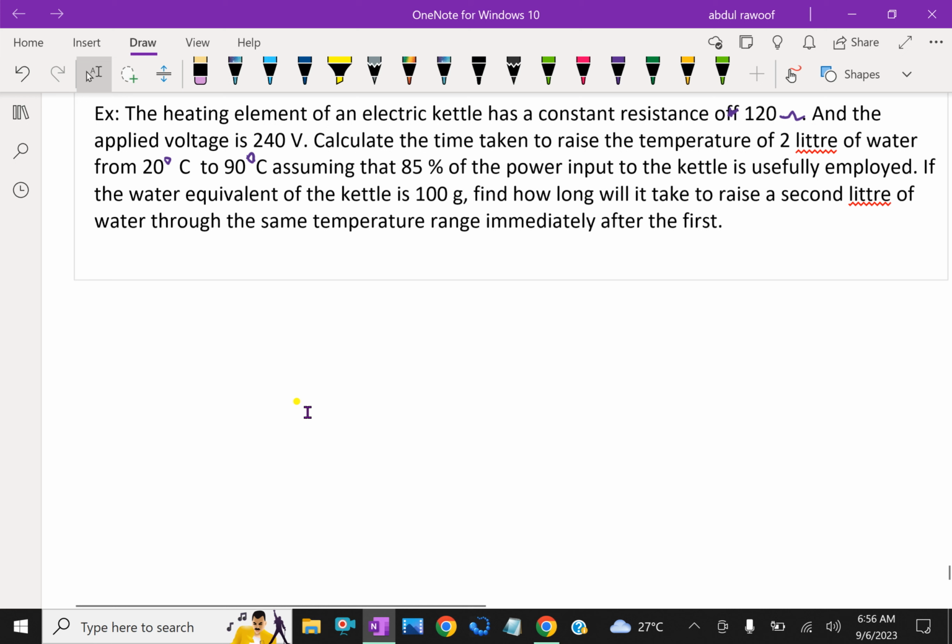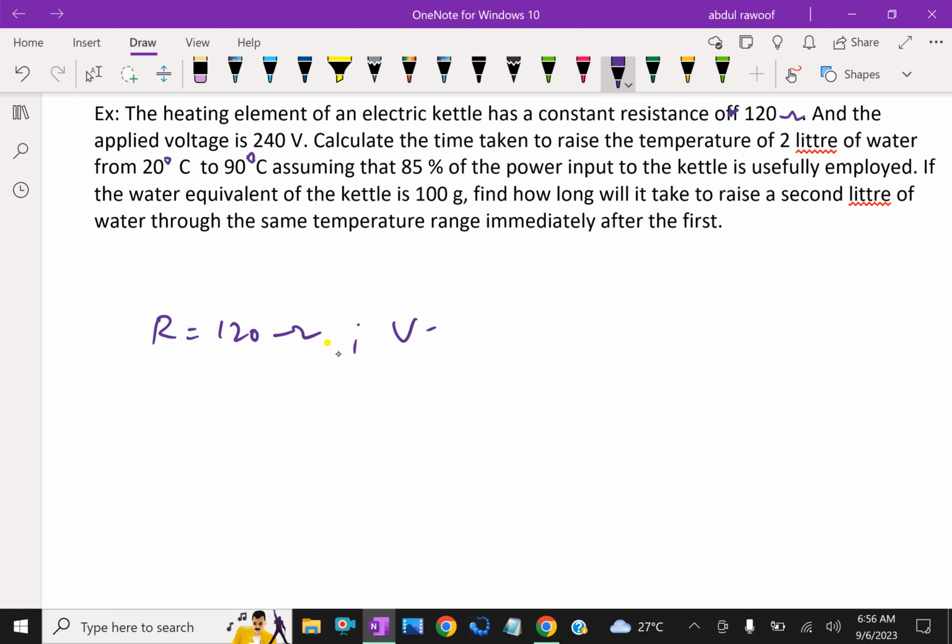Now let us write the given things first. Here, resistance R is 120 ohms, supplied voltage is 240 volts, and mass of water is 2 liter, which means 2 kg.